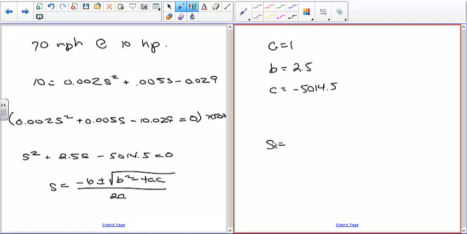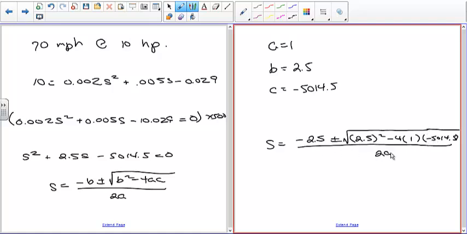So we get s is equal to minus b plus or minus the square root of b squared minus 4ac, divided by 2a, a is 1.